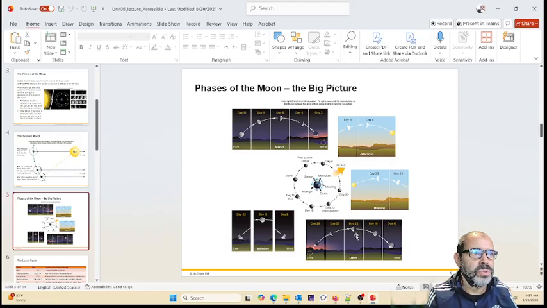But look at this difference between this quarter moon and this quarter moon. This quarter moon is facing the sun that is setting in the west, and this quarter moon is facing the sun as it's rising in the east. So this is the third quarter, whereas this one is a first quarter. This is a sunset. This is a dawn. You have to make that distinction.